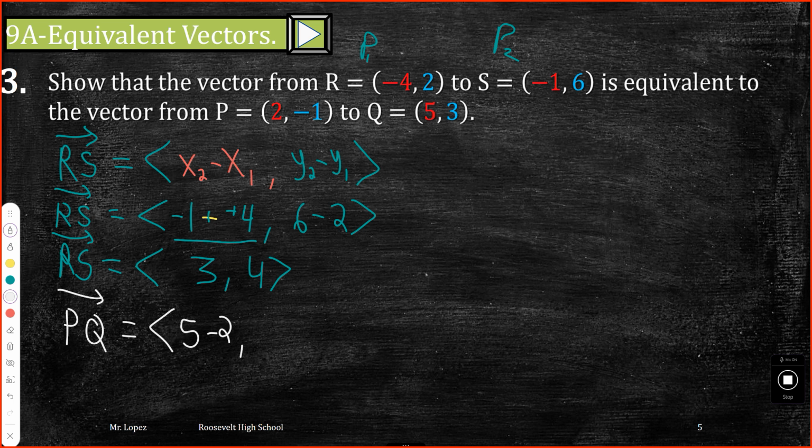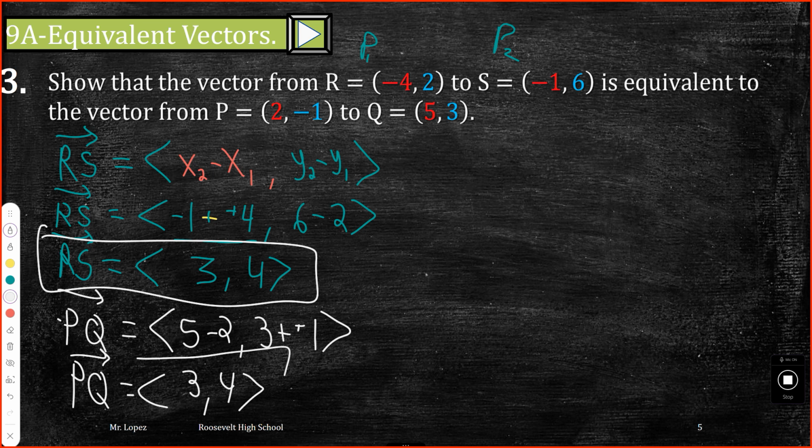And then 3 minus -1? 5 minus 2 is 3, and what's 3 minus -1? So are they equivalent vectors, yes or no? Yes, when this is the same as this, then they are equivalent vectors.